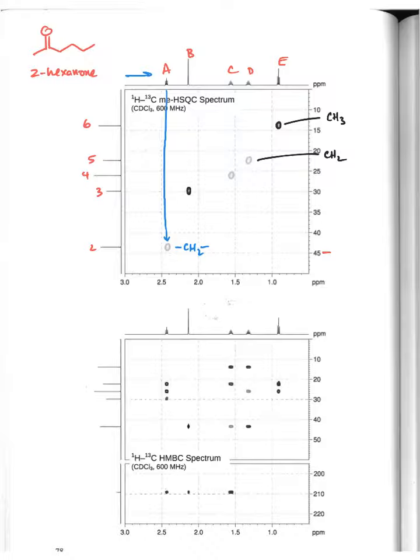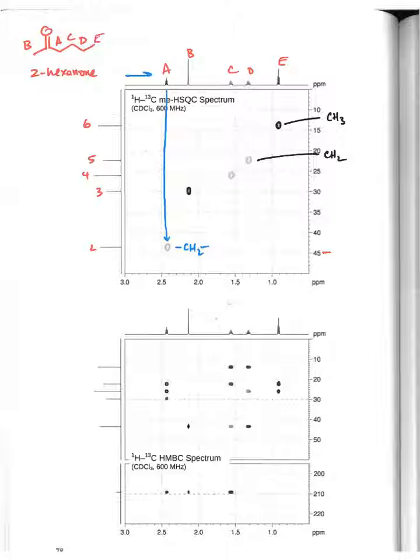So we know from our prior COSY assignments, let's go ahead and draw in those. We had B, A, C, D, E.